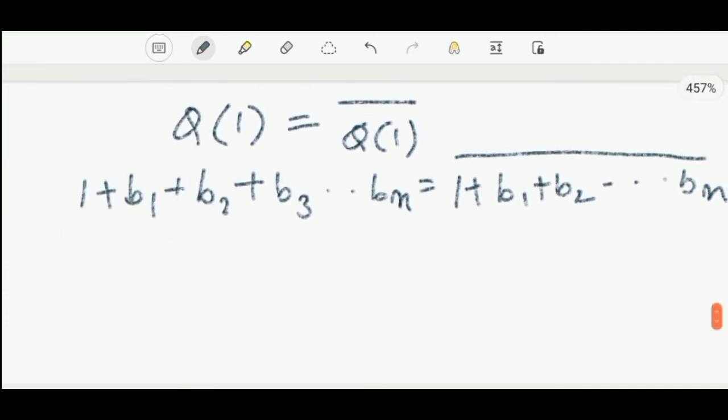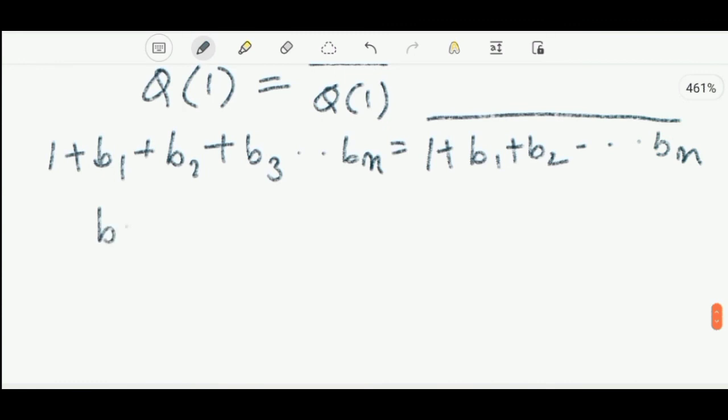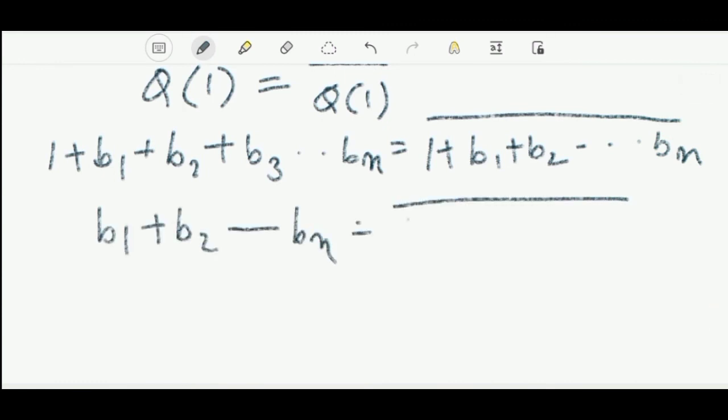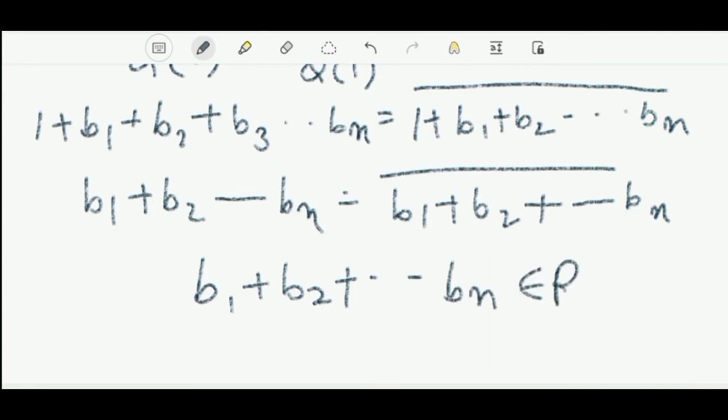We can simply cancel this 1 from both sides, and this implies that b1 plus b2 up to bn is equal to the bar of b1 plus b2 plus up to bn. And since the quantity and its conjugate are equal, it simply implies that b1 plus b2 up to bn belongs to the real numbers.